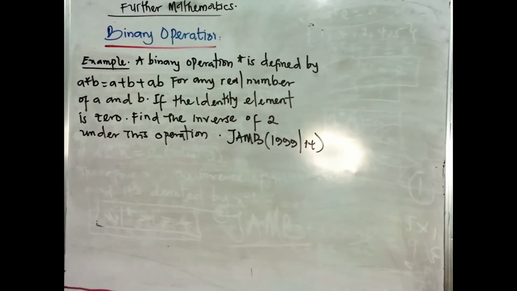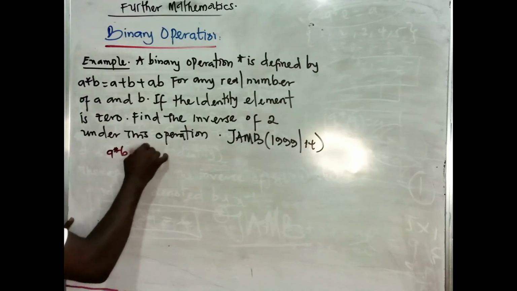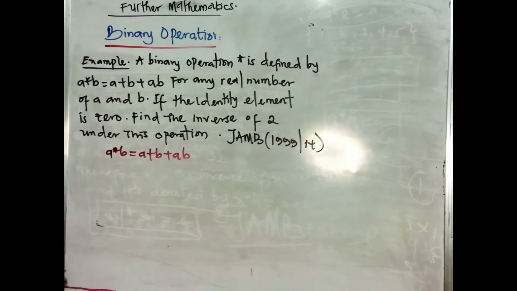Now, a binary operation asterisk is defined by this formula: a asterisk b is equal to a plus b plus ab, for any real numbers a and b.